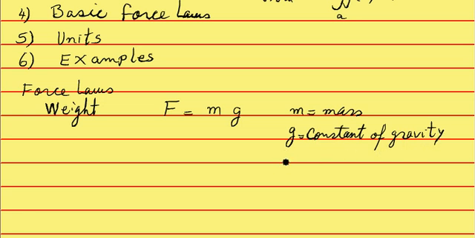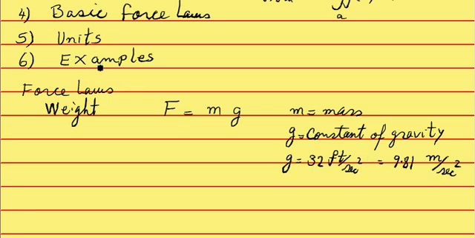Those of you who have taken your physics class might realize g, expressed in the English or American system, is about 32 feet per second squared, or almost 9.81 meters per second squared, depending on which unit you are using.